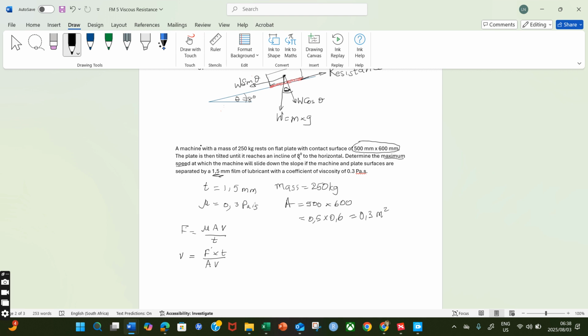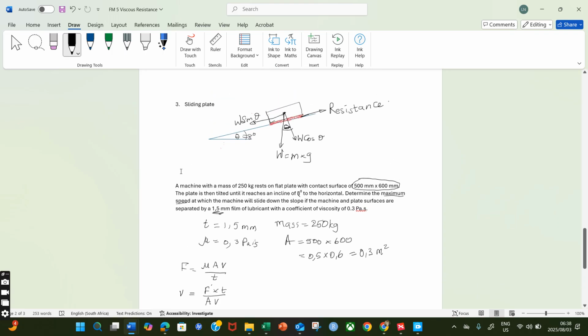No. So our force, the resistance from Newton's third law, this resisting force going up the slope, is the same as the force going down the slope. In other words, we use Newton's third law of action and reaction. So our viscous resistance, which is the force that we are looking for, is the same as the W sine theta.